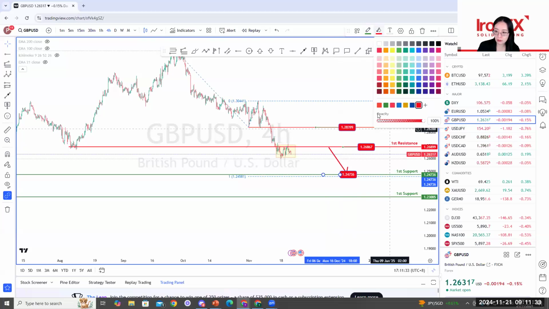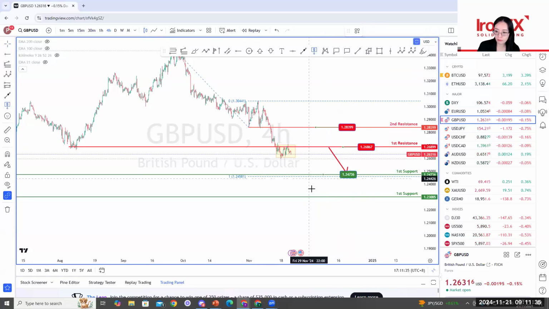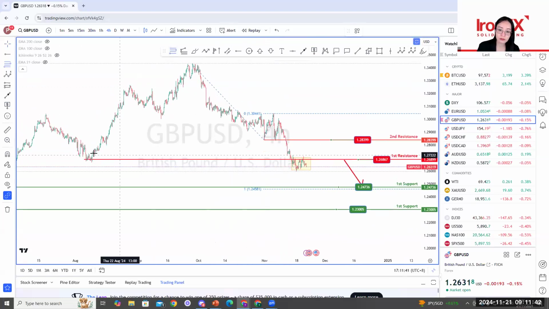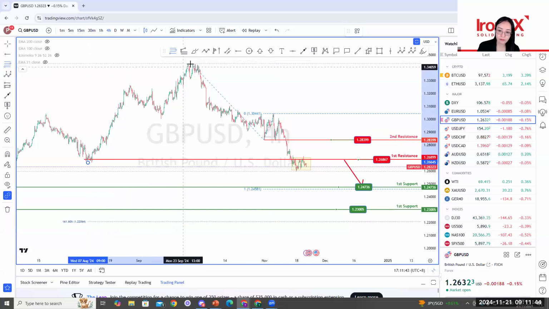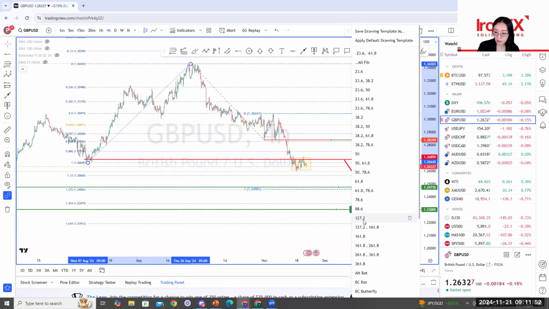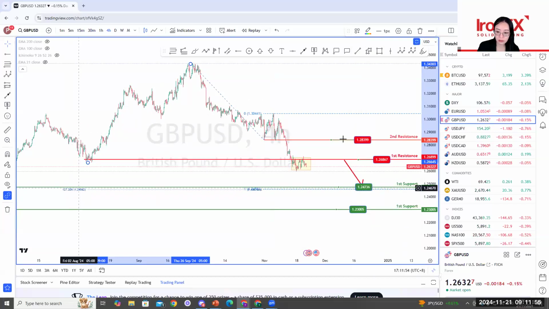First support. And second support. In the bigger picture, we could use the extension. So my first support, do you see that is close to 127 is here.